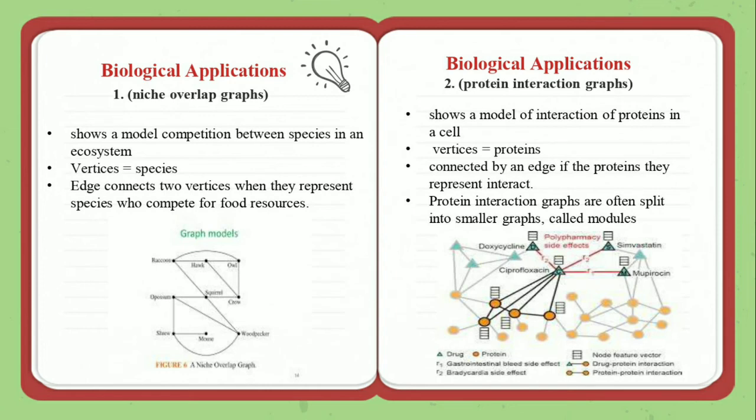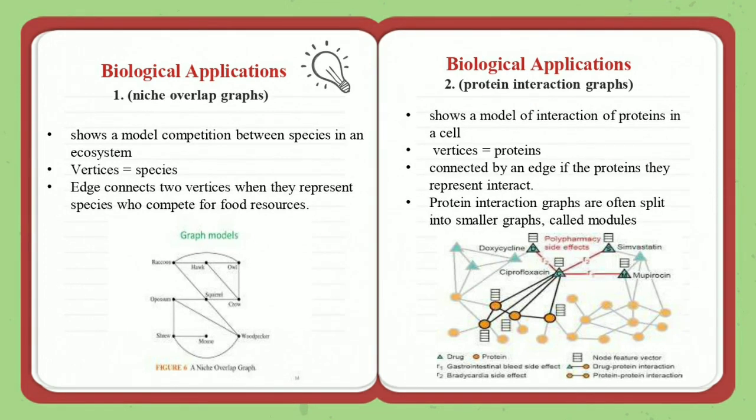The vertices represent species, and the graph below is the niche overlap graph for a forest ecosystem with 9 species: raccoon, hawk, owl, squirrel, crow, possum, shrew, mouse, and woodpecker. Vertices are connected when the species they represent compete for food resources.